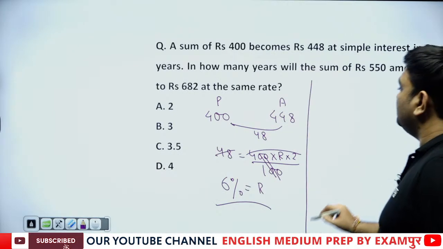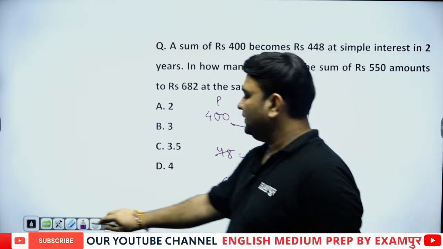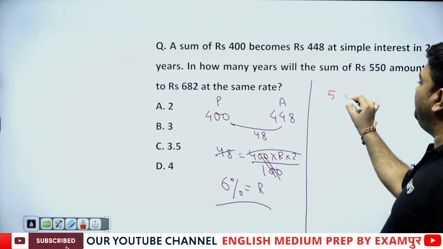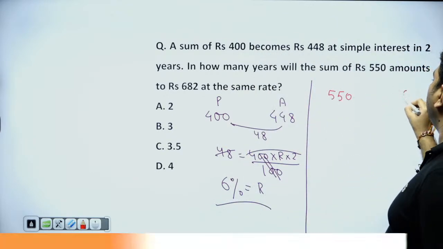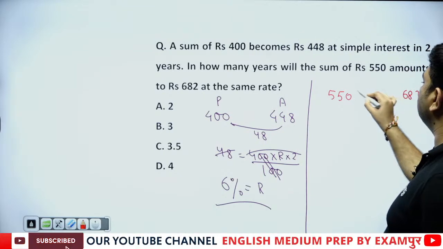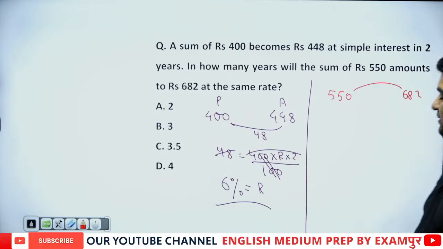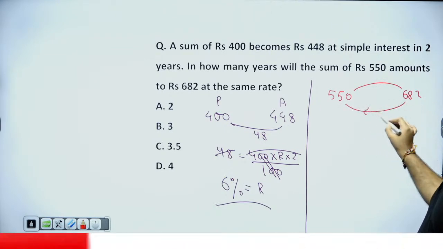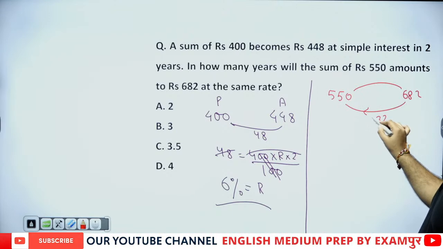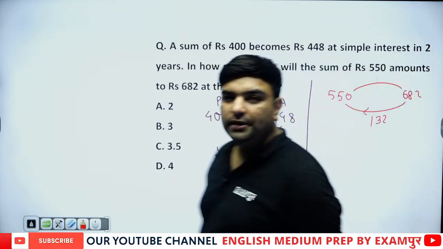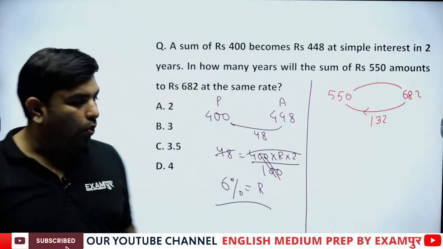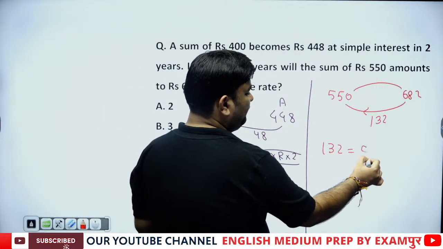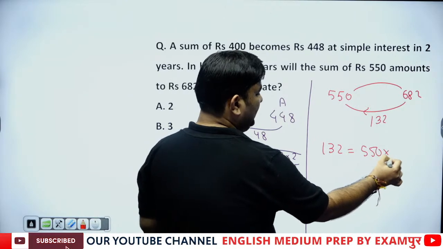Now, they are asking in how much time 550 will become 682 with the same rate. So how much is the interest now? 682 minus 550 is 132 rupees. So 132 rupees interest over the principal of 550 with the rate of 6.